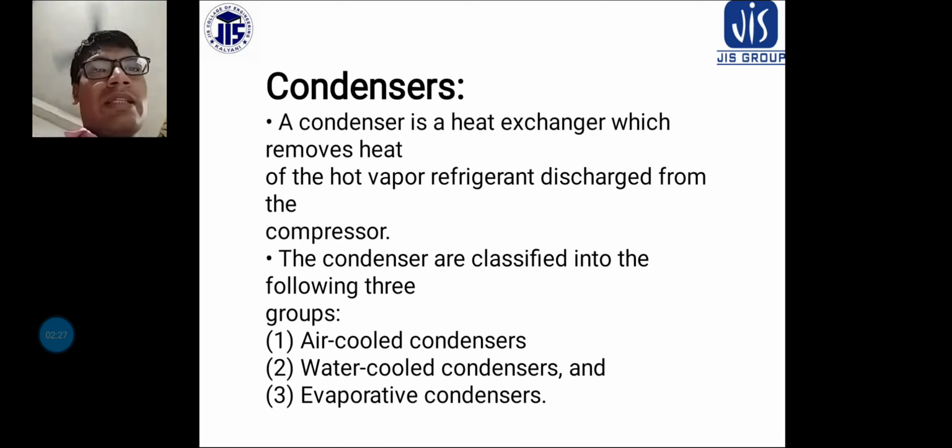In the last class we started the condenser, and we saw the air cooled condenser, water cooled condenser and evaporative condenser. These are the three types of condenser.